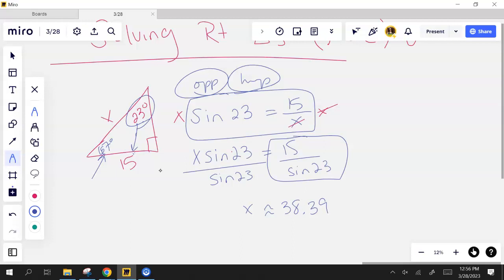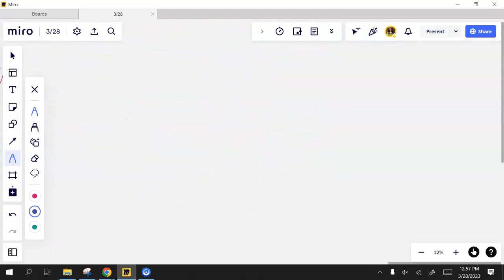Let's do uno mas. Let's do another one. Remember, the stipulation here is that this only works with right triangles.